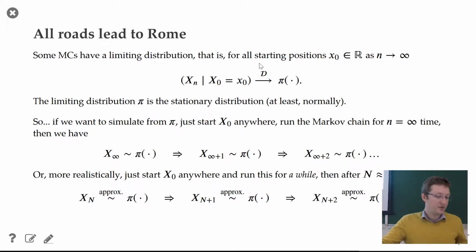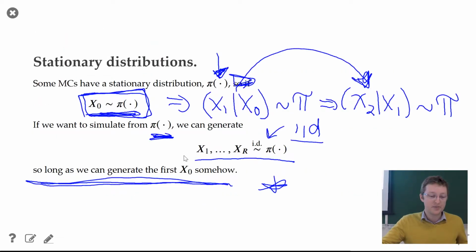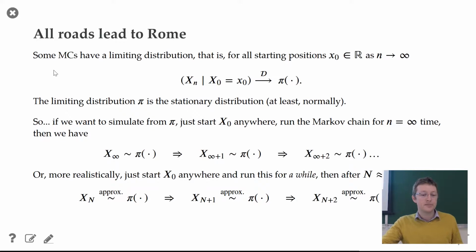So the problem I was just describing before was that if pi is the thing you want to simulate from, and you could simulate from it once, and you had this Markov chain, you could keep simulating from it more and more times. But the problem is, how do you get the first one? That's where another aspect of Markov chains comes in handy, which is the limiting distribution.